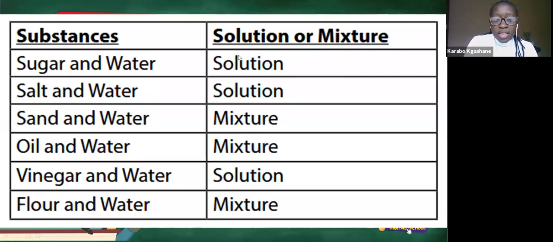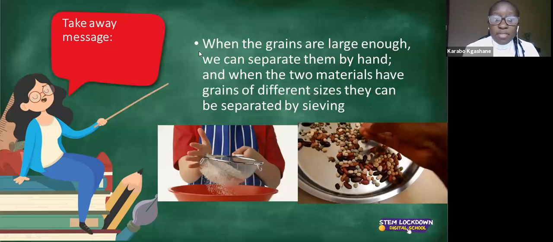All right. Now, what would I like you to take away from this lesson? I want you to be aware that when grains are large enough, we can separate them by hand. That could be beans, that could be fruit salad, or large grains of black pepper. So if grains are large enough, they can be separated by hand.